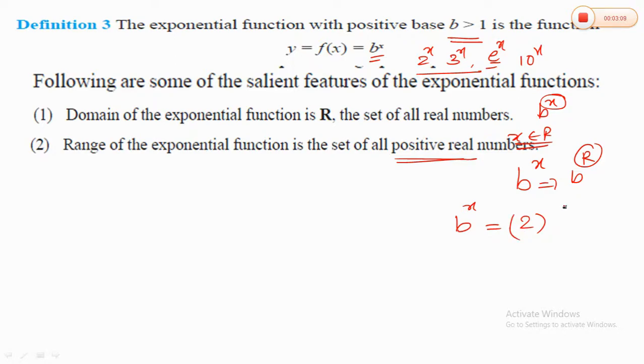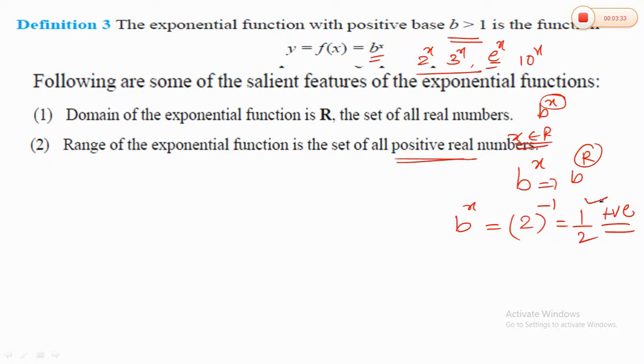Take 2 raised to minus 1, where minus 1 is a real number. 2 raised to minus 1 is nothing but 1 by 2. Therefore it is positive. Even for a negative value of r, for b greater than 1, it is always a positive real number.